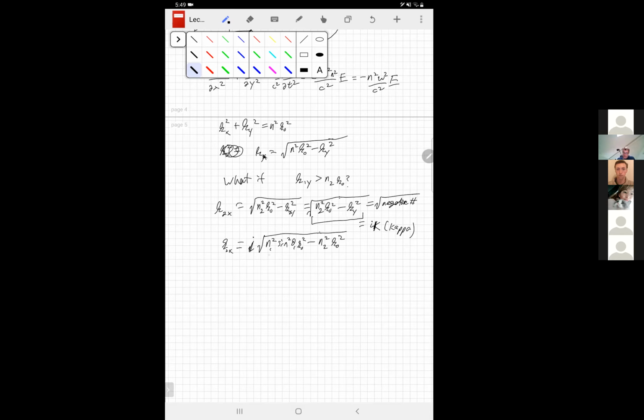And so we are left with this. We can factor out the k naught: k naught i square root of n1 squared sine squared theta 1 minus n2 squared.